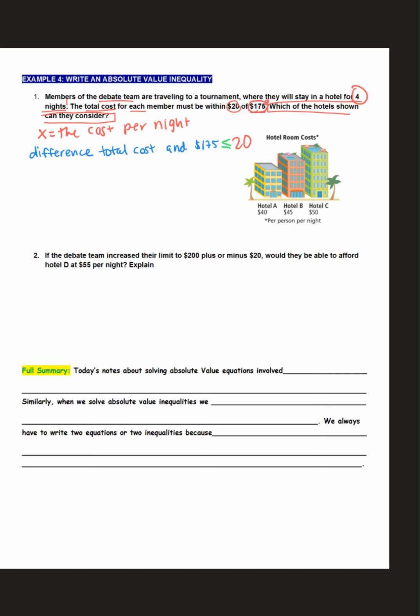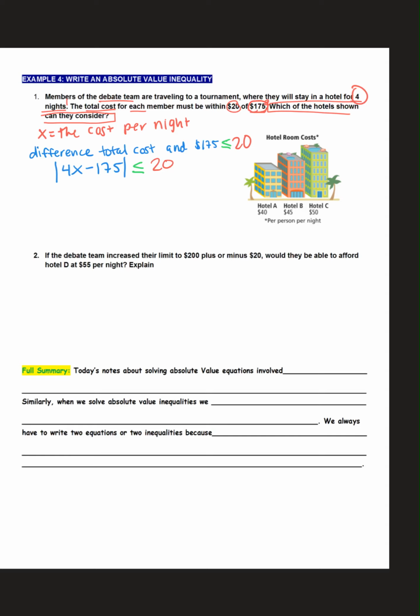So we're going to say it's going to be the absolute value of 4x minus 175, absolute value, is less than or equal to 20. And then that breaks up into 2 separate items.